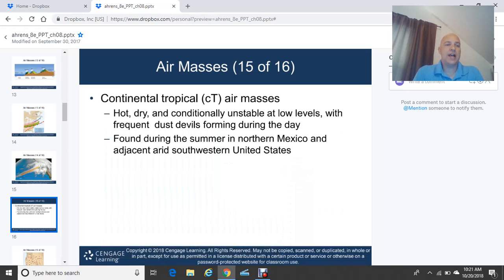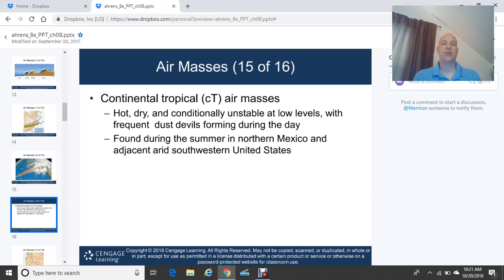All right, now we're moving on to continue our discussion. We're about wrapped up on air masses, but we need to talk about the continental tropical air mass now. This is abbreviated with the letters CT. A continental tropical air mass is hot, dry, and conditionally unstable in the lower levels close to the ground where that air is so intensely heated.